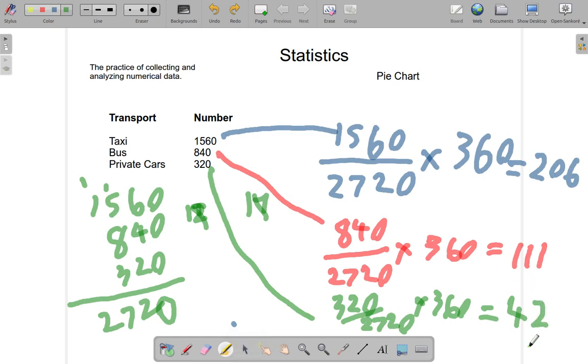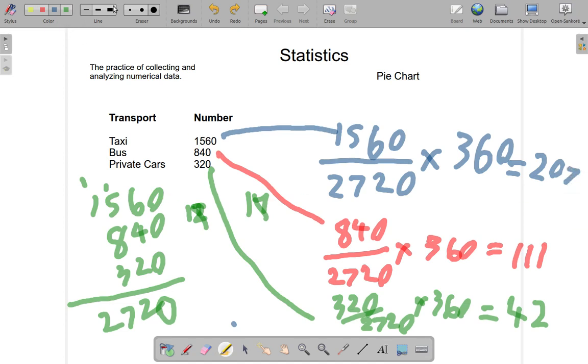Let's change this one up here from 206 to 207. Alright, nice. 207.